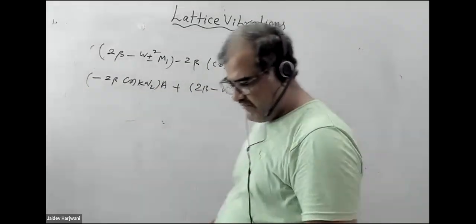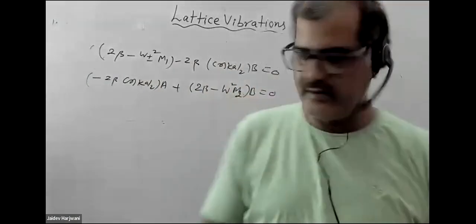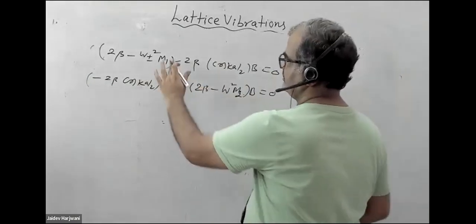So when we are at the boundaries, A times 2 beta minus omega square m1, from the first equation.